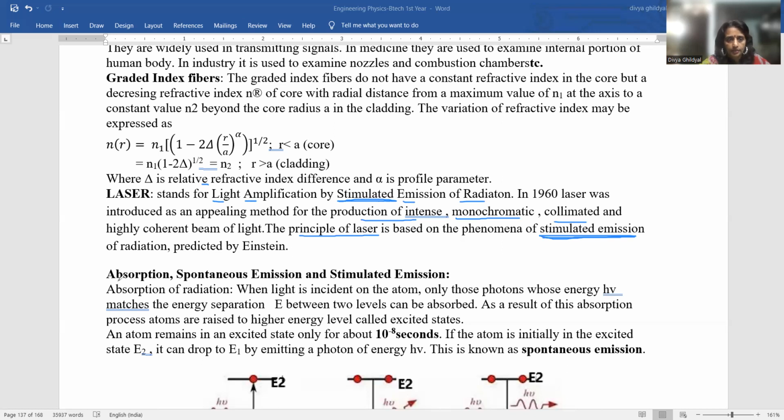Now the three terms: absorption, spontaneous, and stimulated. This question is a very favorite question of section B, where the question setup is like this: define the terms absorption, spontaneous, and stimulated with the help of a diagram in laser setup.